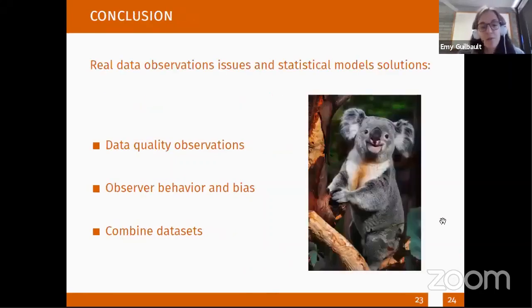But the focus of my talk was on this statistical model that we want to apply to real data set issues. We want to take into account many data quality issues that are important in citizen science, such as observer bias and behavior, using combined data sets, and allow for better prediction for management and ecological issues.